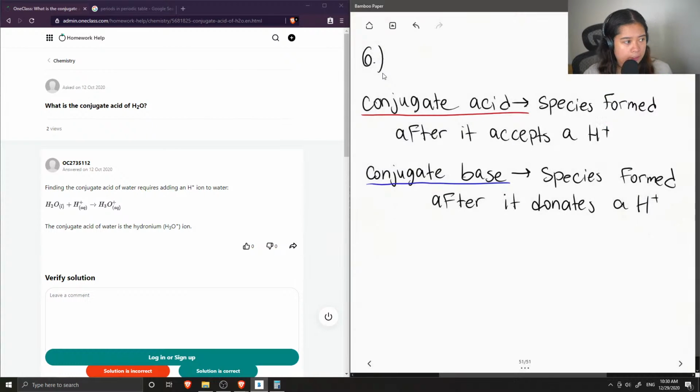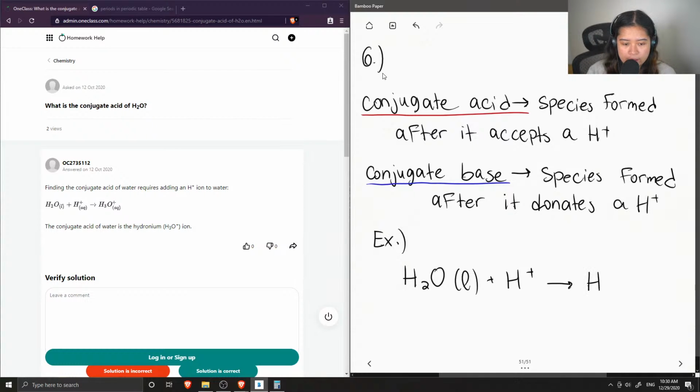Okay, so let's look at the example they give us. What is the conjugate acid of water? So let's say we had H2O plus a proton, since we're trying to find the conjugate acid.